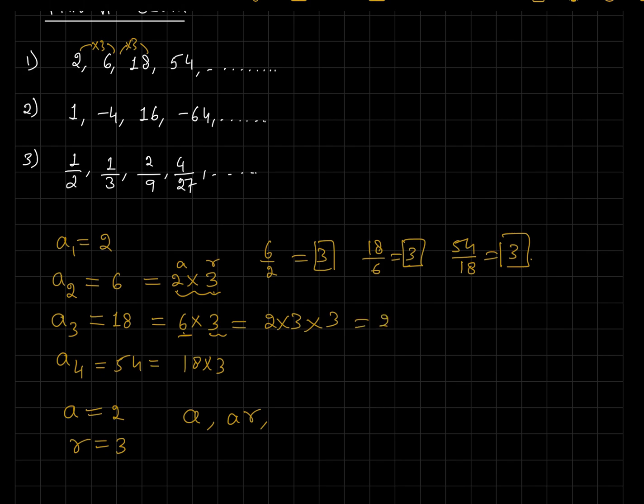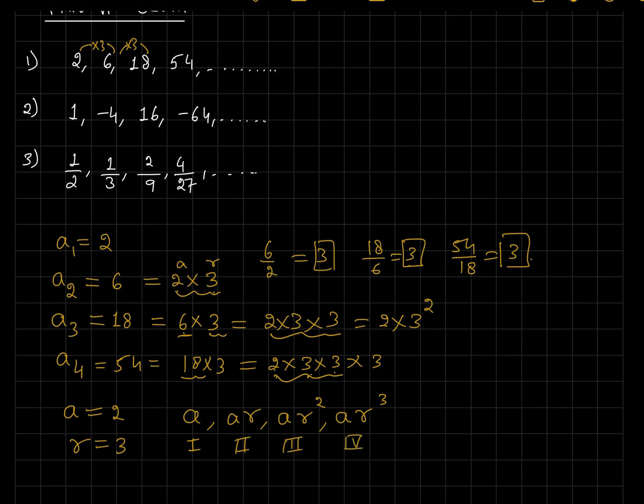So my third term is ar squared. My fourth term is 2 times 3 times 3 times 3, because 3 times 3 is 9 and 9 times 2 is 18. Here 3 is my r and a is my 2, so the fourth term is ar cubed.